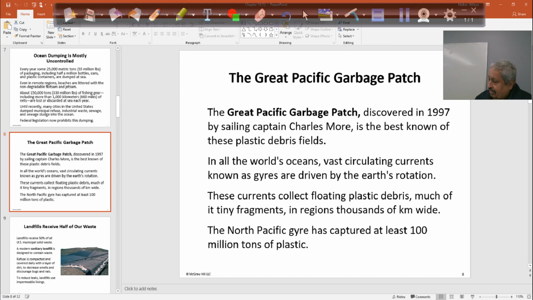Not even the country or continent that produced the waste, but it can go across the whole globe, from one continent to another, depending on the circulation of the ocean's waves. The North Pacific gyre has captured at least 100 million tons of plastics.